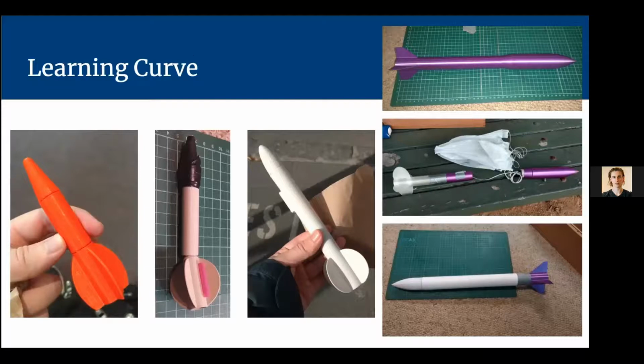Not gonna lie, it's a really bad design. Those fins are about half the size they should be. I think it had a stability of something like 0.4 calibers.